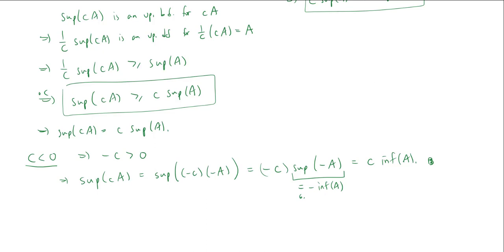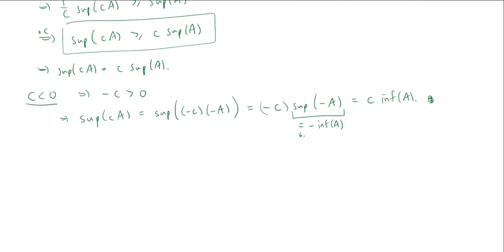All right. Number 8 is going to be essentially the same sort of result as number 7, but again, for the infimum, and I will leave that as an exercise to the reader. So the infimum of C times A is going to equal C times the infimum of A when C is non-negative, and it will equal C times the supremum of A when C is negative.